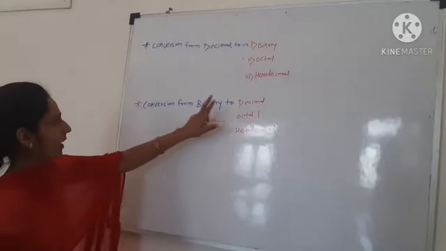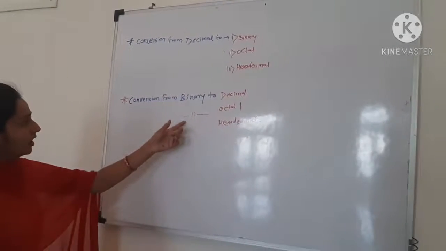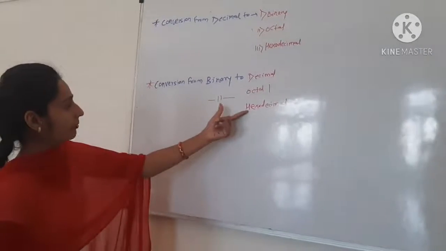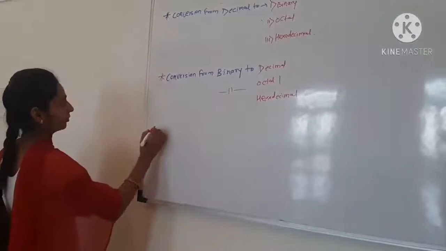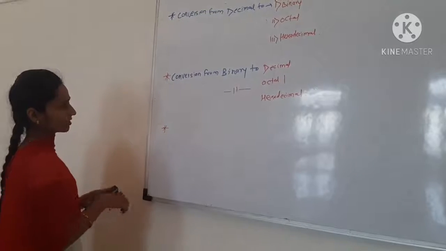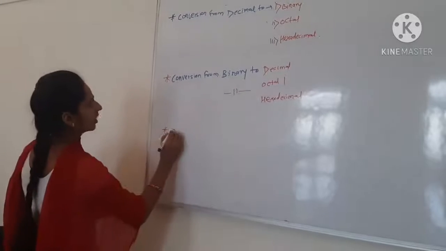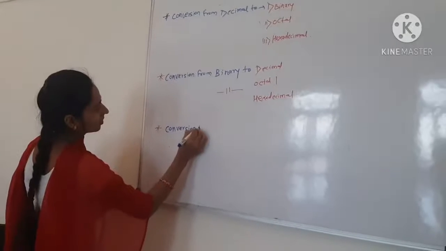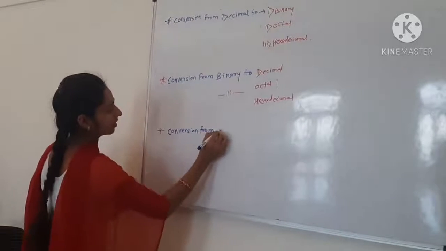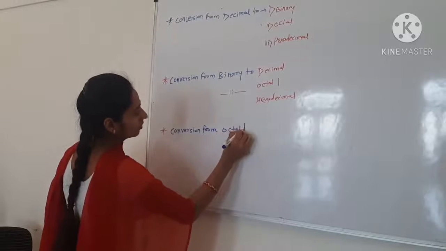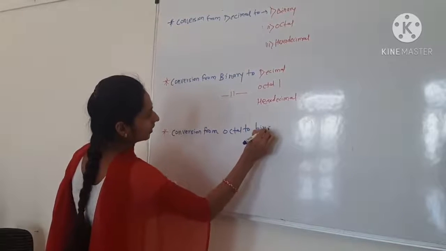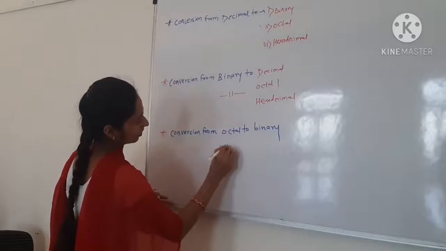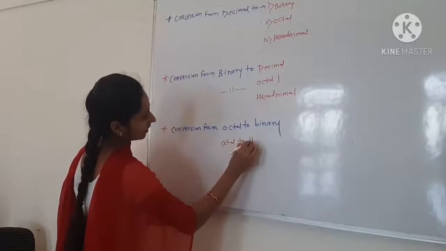Here we take powers of 8, and here we take powers of 16. And from yesterday's and today's lectures we have completed conversion from octal to binary and octal to hexadecimal.